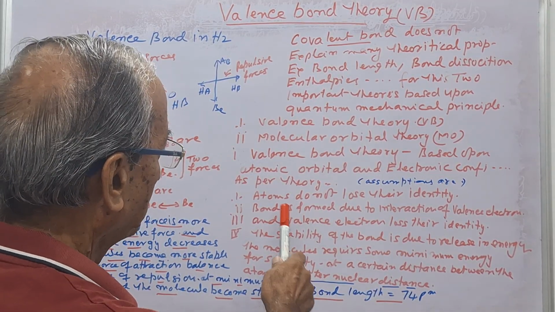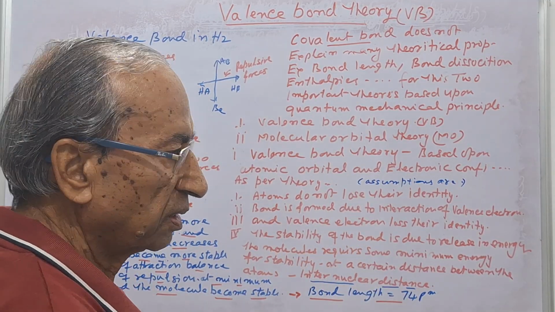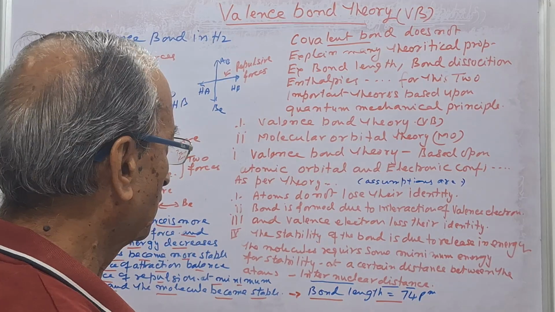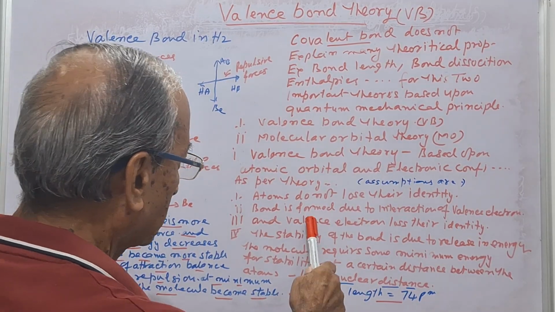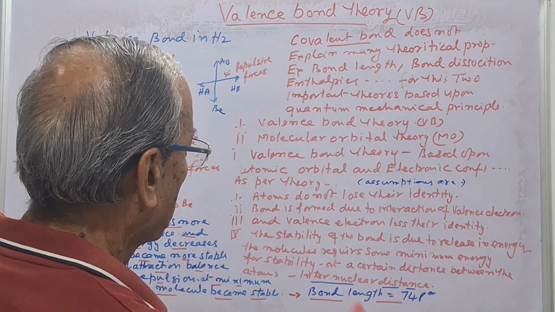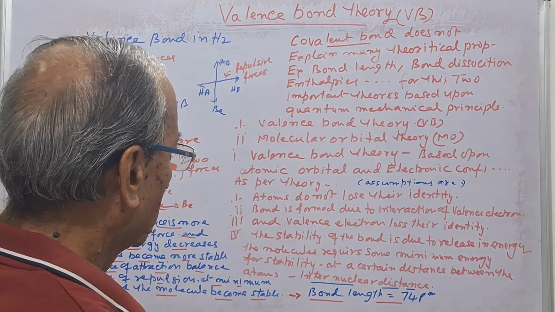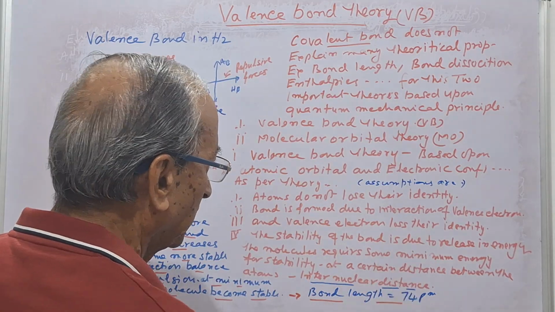That is, atoms do not lose their identity during the formation of the molecules, but the valence electrons lose their identity. Listen, atoms do not lose their identity, only the valence electrons lose their identity.